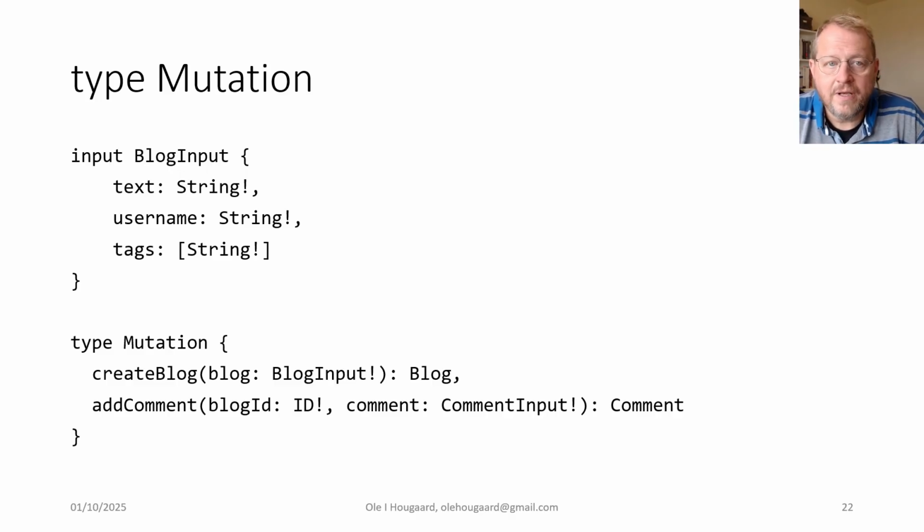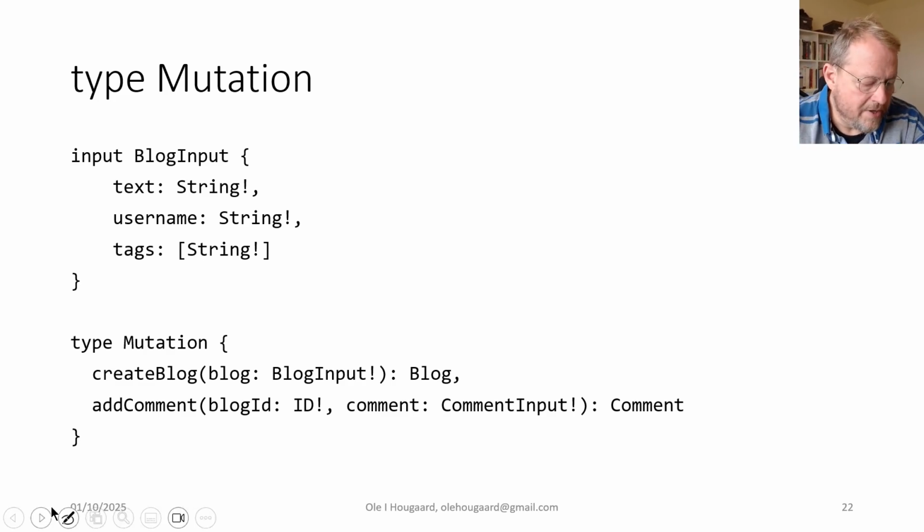You could also have more complex parameters. So I'm going into another example because I don't have it in the Yahtzee example, but here is a blog system, or part of a blog system, where you can create a blog post. And when you create one, you want to have some data with it, and I could just use these as 3 parameters. You can just go text string, username string, tag string down here instead. But sometimes it's nicer and easier, especially if you have several of them, to just make an input.